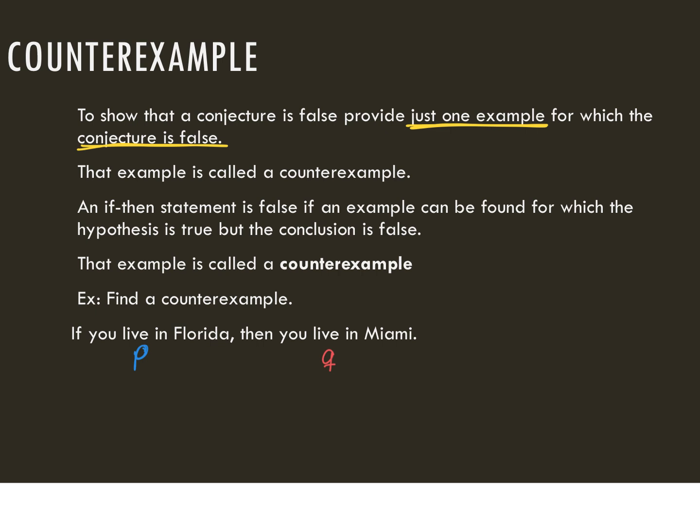So examples to make this statement false would be, yes, if you live in Florida, I could also live in Davie. I could also live in Fort Lauderdale, Weston, Cooper City, Pembroke Pines. I could live anywhere else in Florida, but that does not mean I'm necessarily living in Miami.